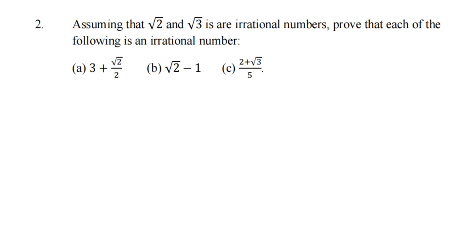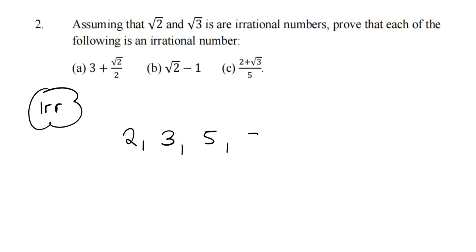Now examples of irrational numbers. The common ones are the square root of prime numbers. Prime numbers, we've got 2, 3, 5, 7, 11. Numbers that only have two factors, only one and itself. Those are prime numbers.